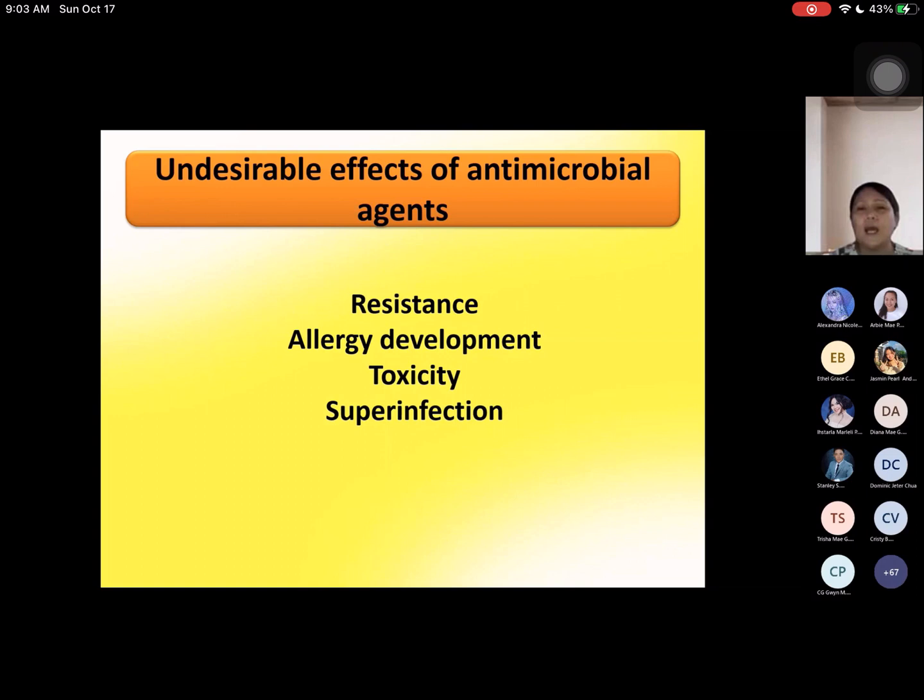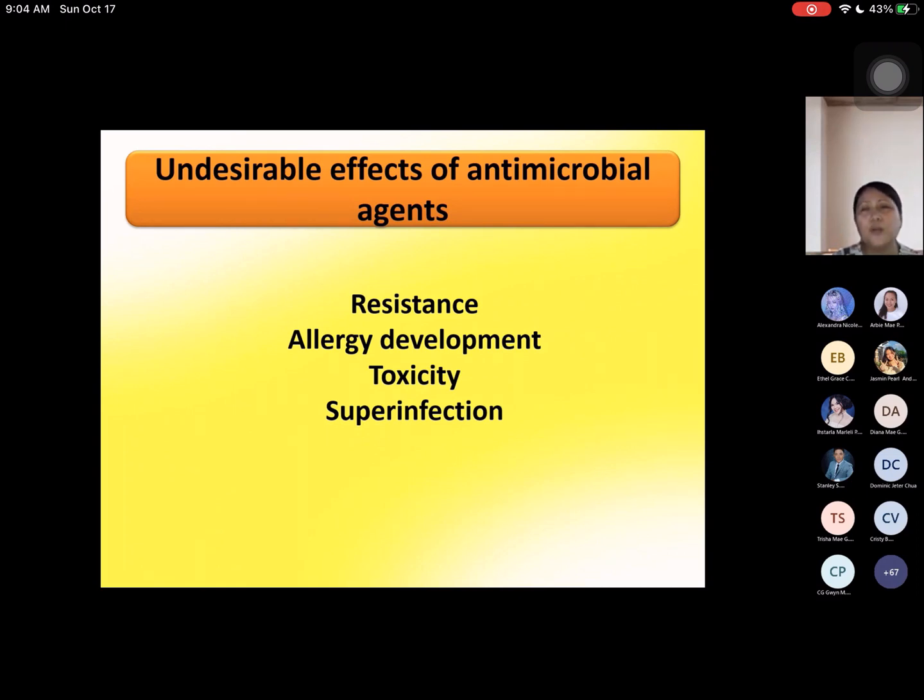And then toxicity. So remember that these antimicrobials are still drugs or chemicals. The moment you ingest it, the moment you take it, of course, there will be some minor or major effect that may destroy our normal microbiota and normal microflora. Another undesirable effect of antimicrobials is superinfection.